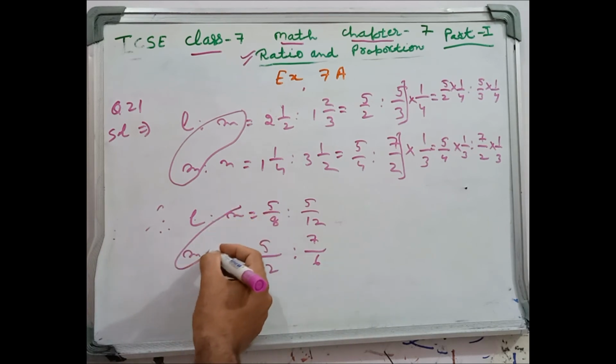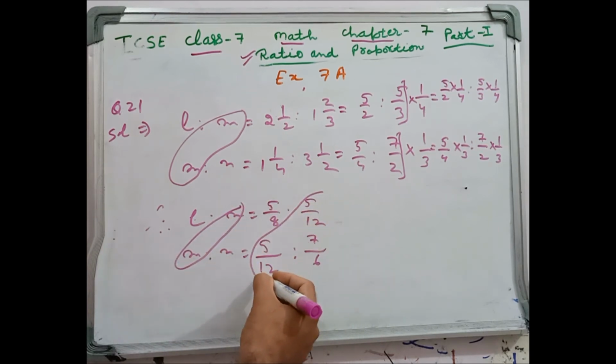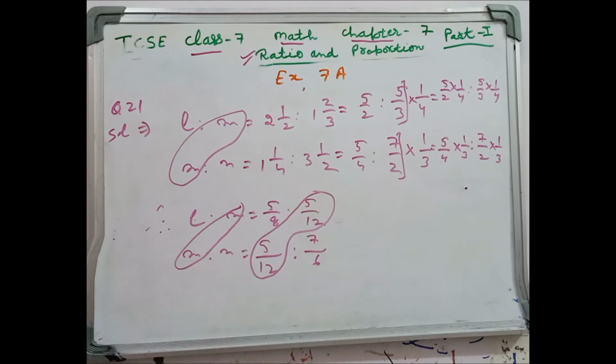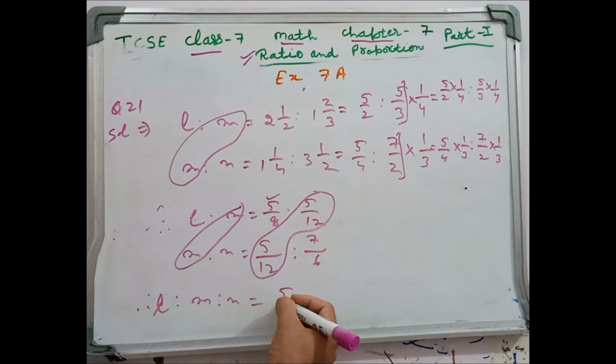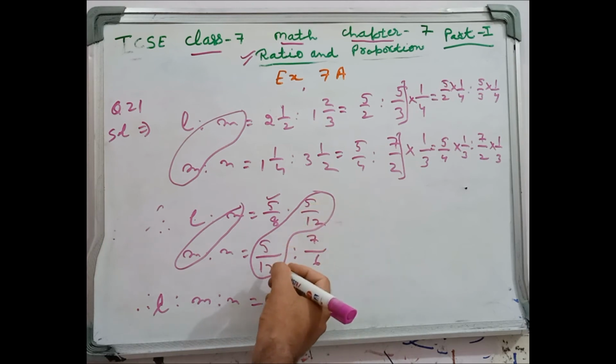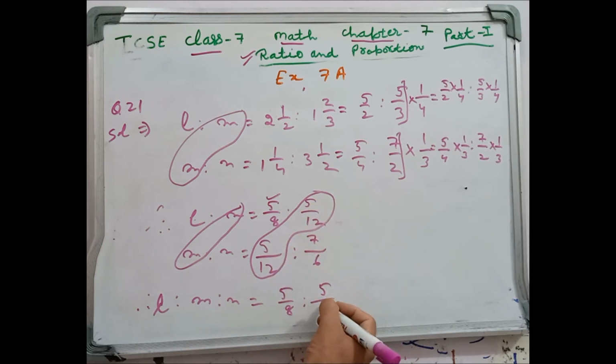So this is the common term. Now this has also become the common term. So L ratio M ratio N would become, this is our L 5 by 8. This is the common term, we can write it one time. This is our 7 by 6.